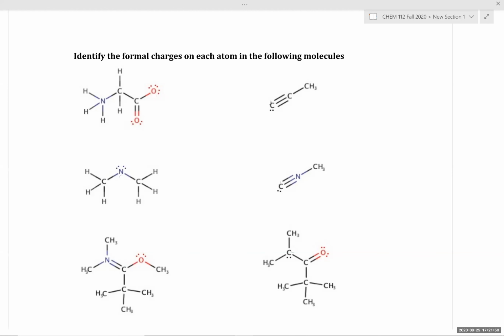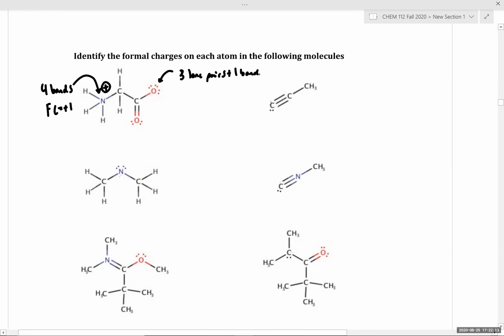So first and foremost, looking at the following structure, I have a nitrogen with 4 bonds. So I would expect this nitrogen to have a formal charge of +1. Likewise, I have an oxygen with 3 lone pairs and 1 bond. That in turn gives us a formal charge of -1.